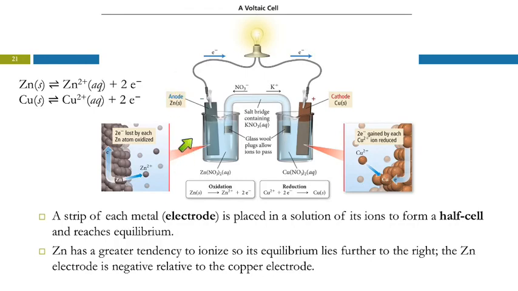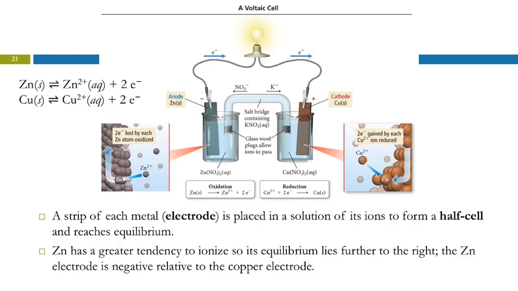So we call this the anode, and this is the cathode. Oxidation occurs at the anode, reduction occurs at the cathode. These strips of metal are called electrodes, and that's where the transfer of electrons occurs between the ion and the solid metal.